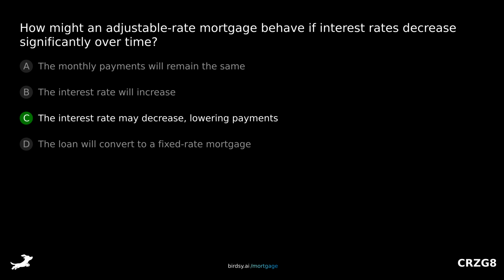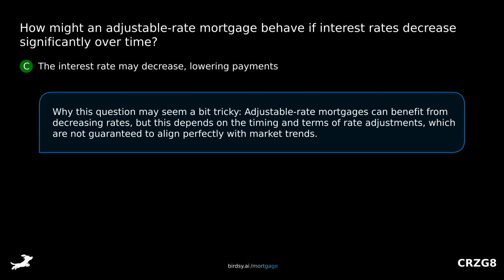The answer is C. The interest rate may decrease, lowering payments. Why this question may seem a bit tricky: adjustable-rate mortgages can benefit from decreasing rates, but this depends on the timing and terms of rate adjustments, which are not guaranteed to align perfectly with market trends.